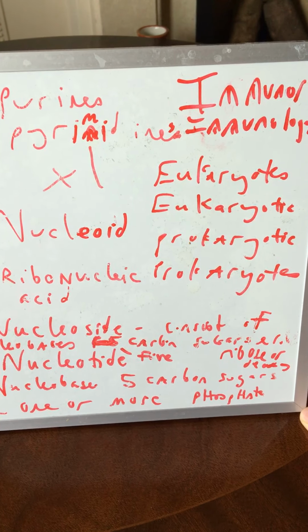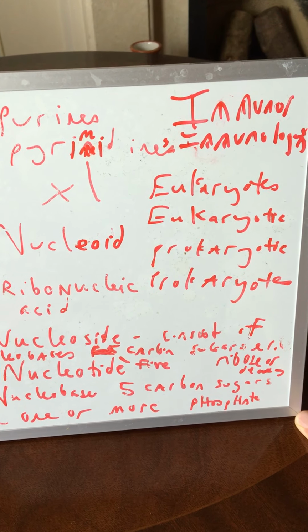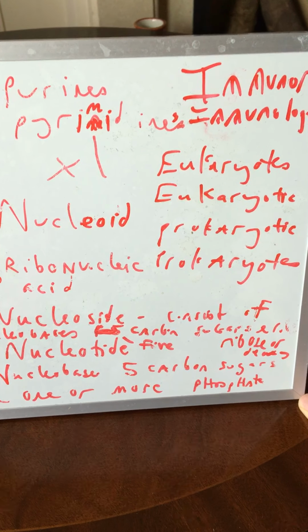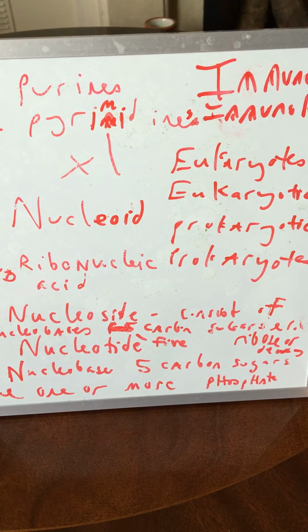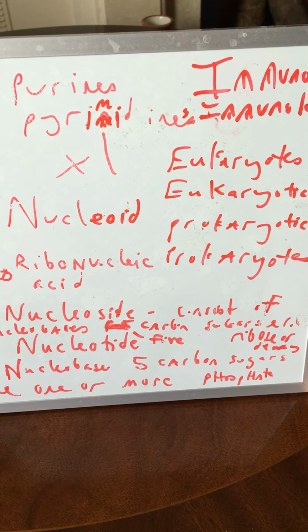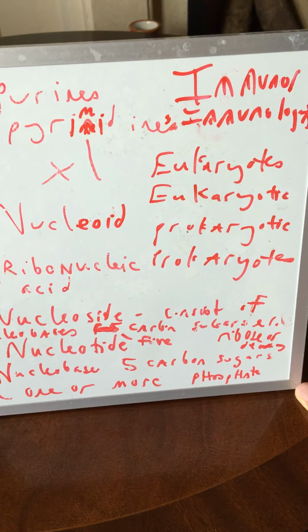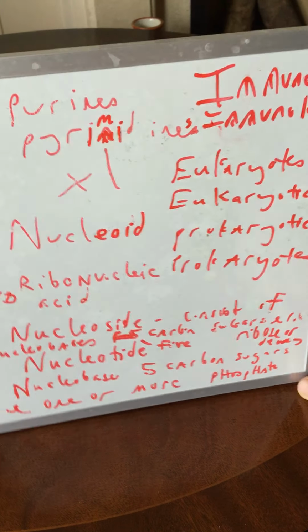The nucleoside consists of nuclear bases and a 5 carbon sugar, the ribose or the deoxyribose, depending on whether it's RNA or DNA. And I've written down the definition for nucleotide: nuclear base, 5 carbon sugar, and 1 or more phosphates. So I'll just put that over there.